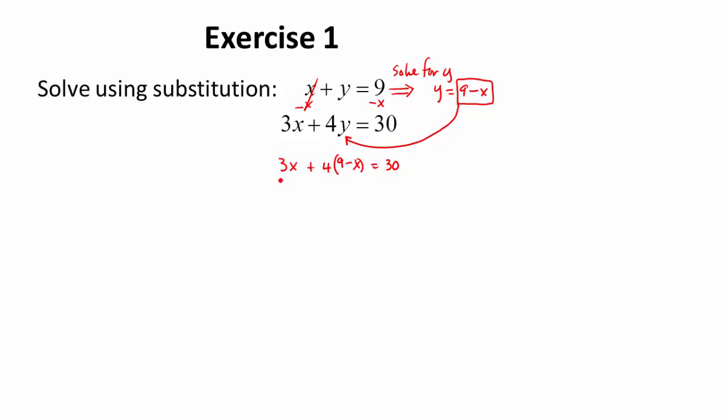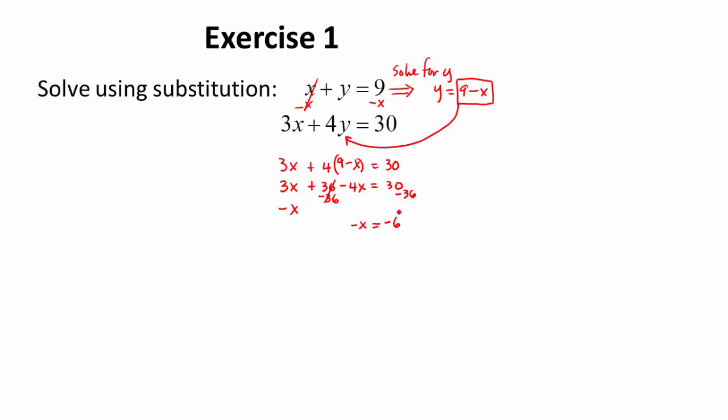Let's combine terms: 3x plus 36 minus 4x equals 30. Combining these two, we get a negative x, and then take off 36 from both sides. Therefore minus x is equal to -6.